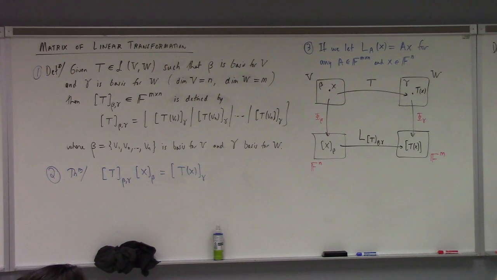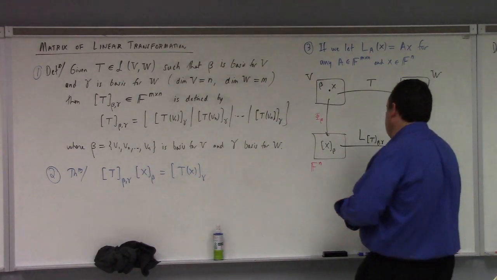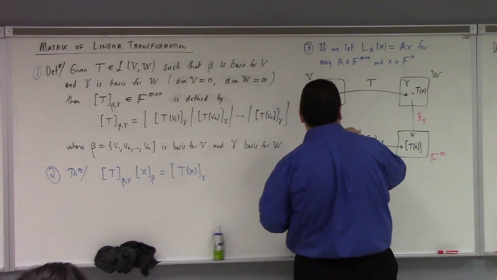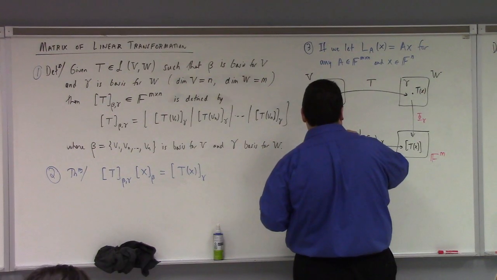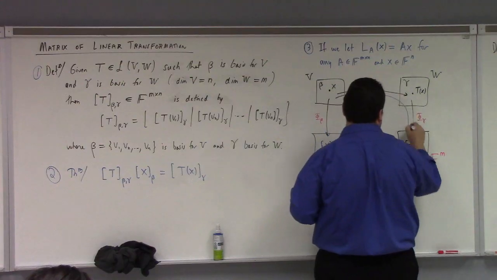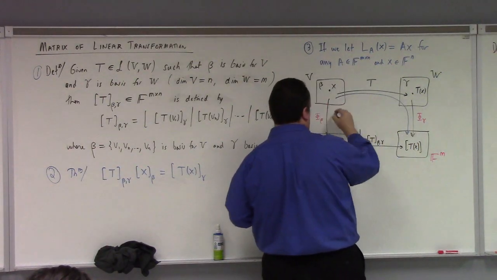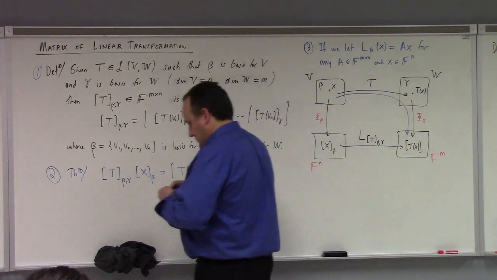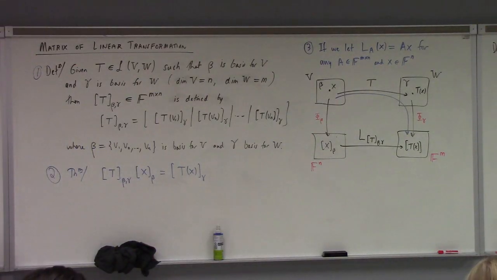But anyway, this diagram actually tells you everything in terms of how these things work together. So you can either go like this, or you could go the other way.